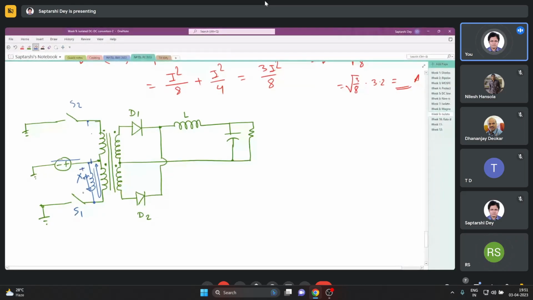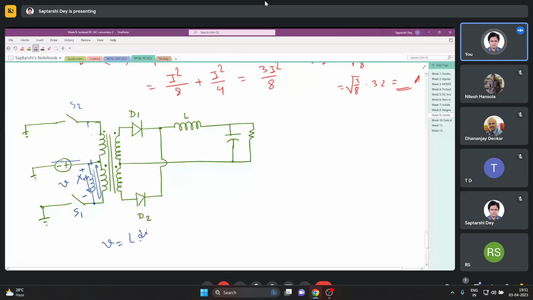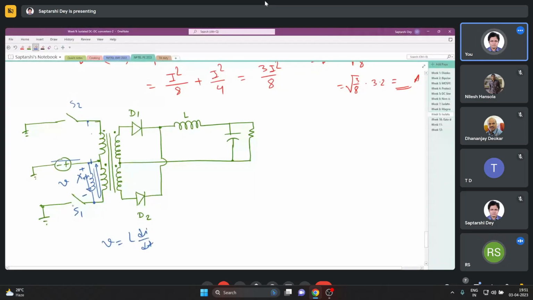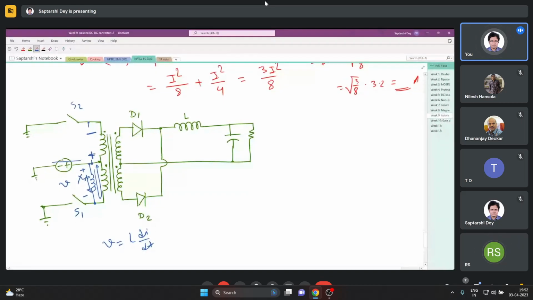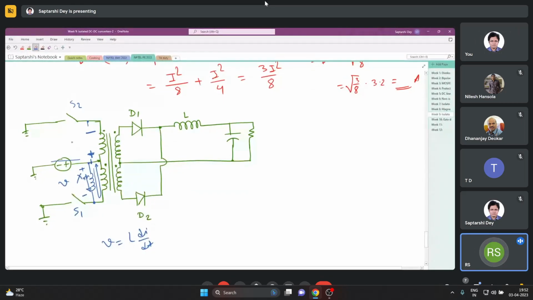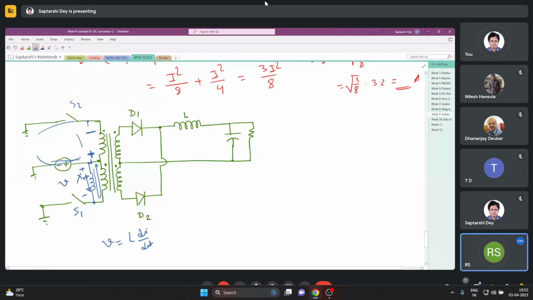So if I write this as V, V is L di/dt, and if I is reducing, V is negative. So dot is negative. So basically, you see, this will induce an EMF like this in this winding, which will induce a current. You remember that explanation of our reset winding, just like that.